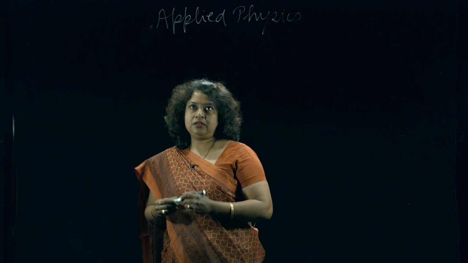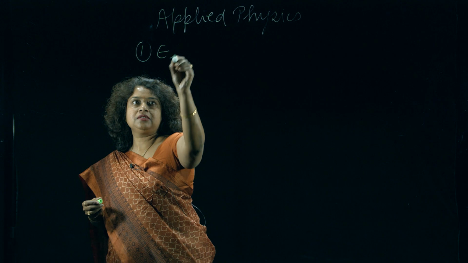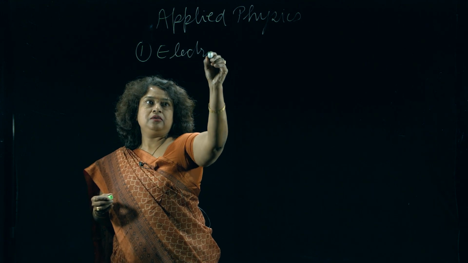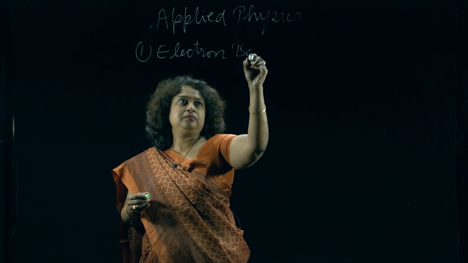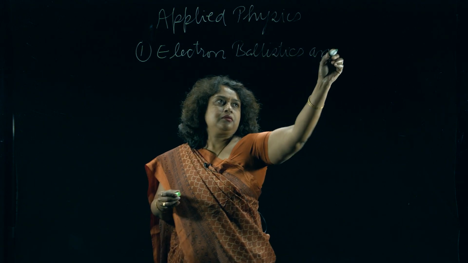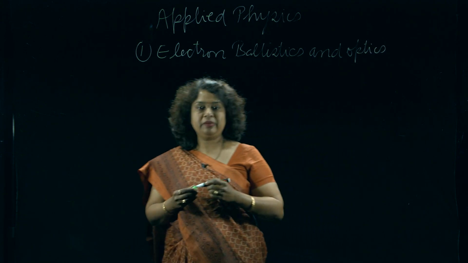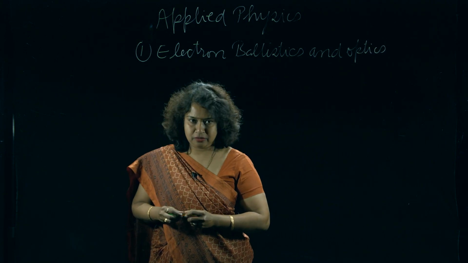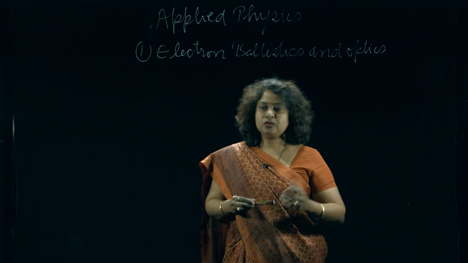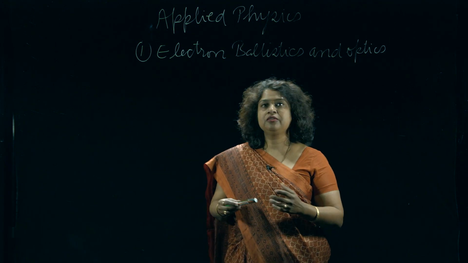Now the first unit which we will be learning is electron ballistics and optics. Now as the word suggests, electron ballistics, so it has to do something with electron, right. Now ballistics word is also familiar to you because ballistics is nothing but study of the projectile.